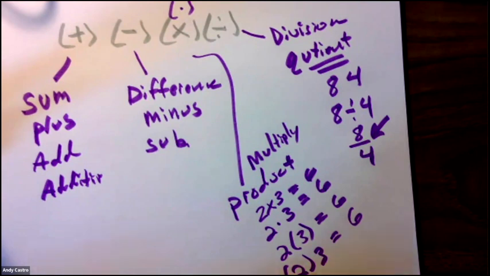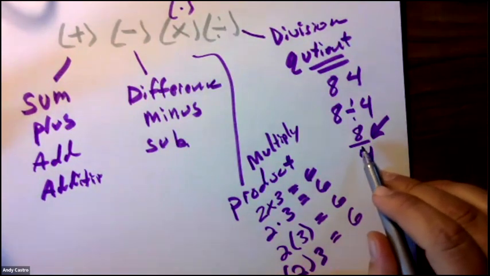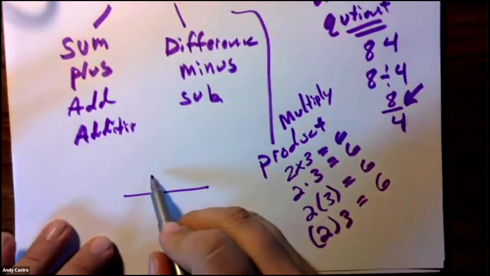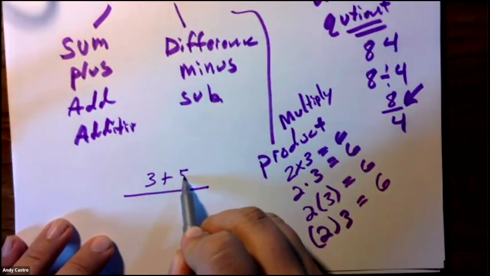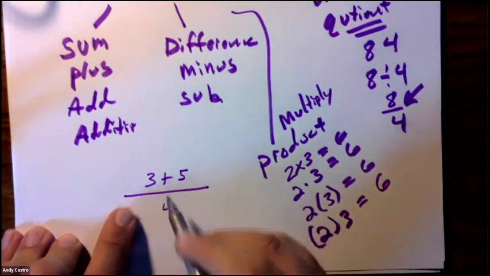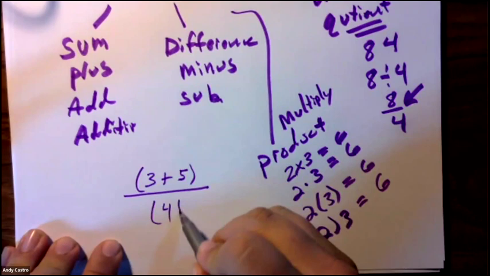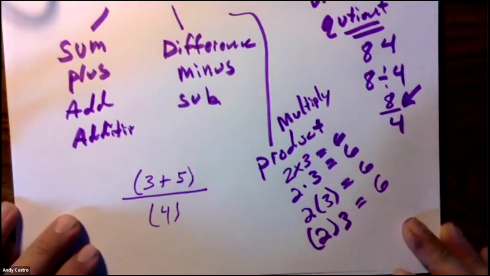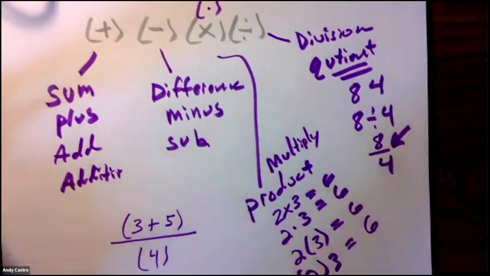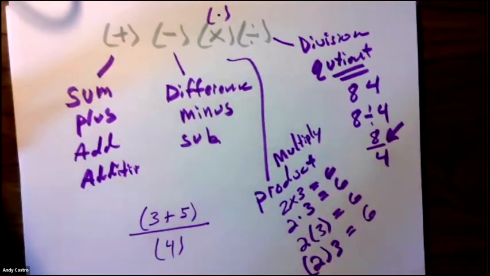It won't be anything that you'll be tested on as far as knowing the words, but that vinculum plays a big role because if we have 3 plus 5, a line, and underneath it 4, this line implies parentheses on top and bottom. All right. Any questions on the operations?